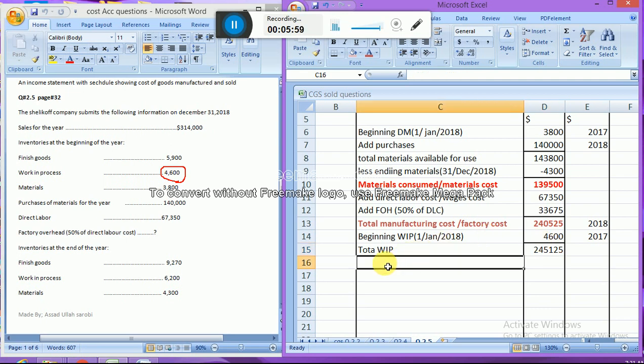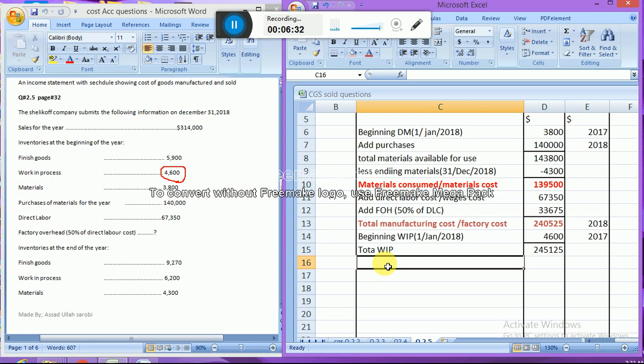But today is the end of the year, December 31st, 2018. When I check the plant record, some work in process remains which is not converted to finished goods in the year 2018. So we will subtract that work in process. The reason is that this work in process will be converted to finished goods in 2019.